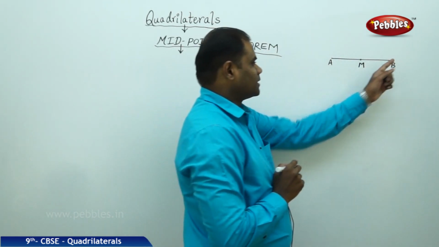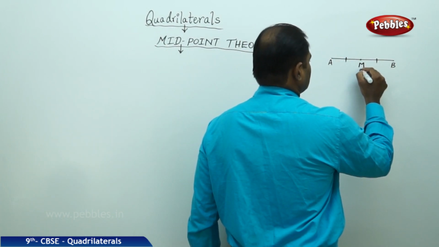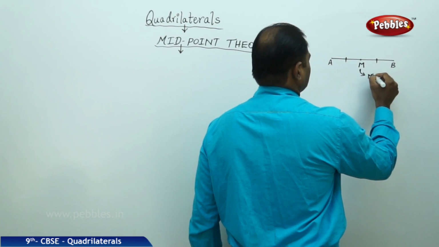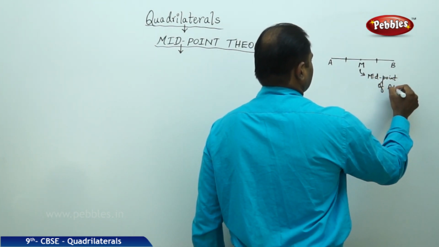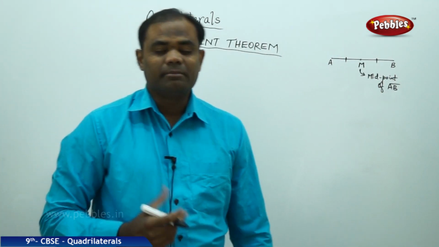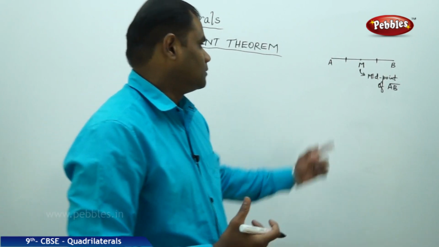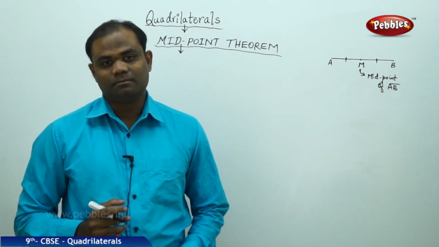So in the case of this line segment, this equals this, and M is called the midpoint of line segment AB. Here is M, exactly in the middle.